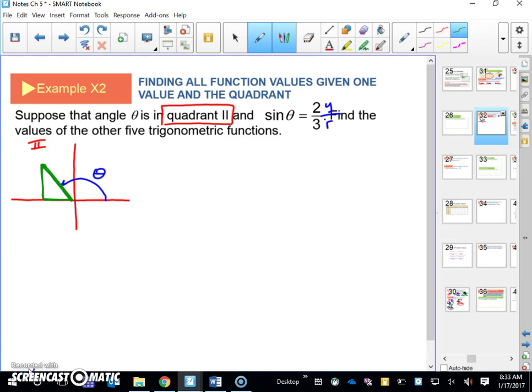The fact that they gave us this ratio means they gave us the y side of my triangle, and they gave me the r side of my triangle. Now remember, you don't really see it here, but if you kept rotating that point around, you'd have a circle. And so that's why that's a radius. That's an r number.